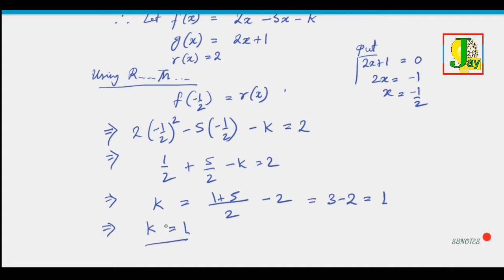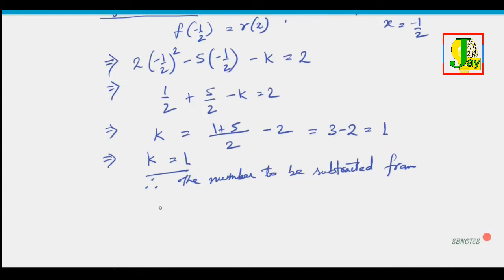So what is k? k is the number required to be subtracted. So therefore the number to be subtracted from 2x square minus 5x is 1.